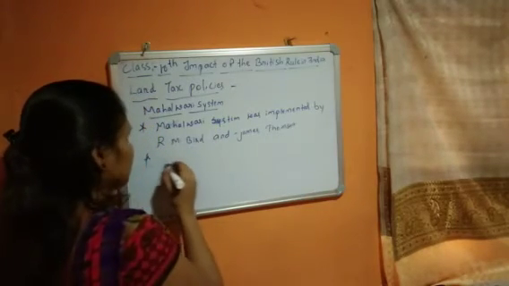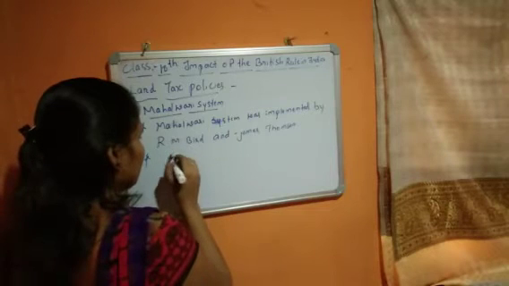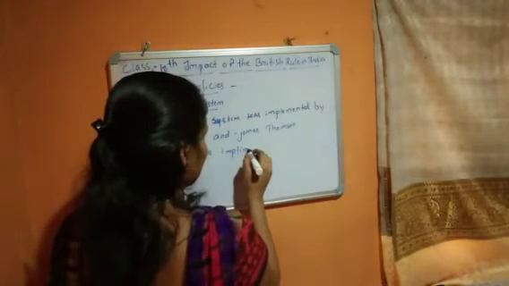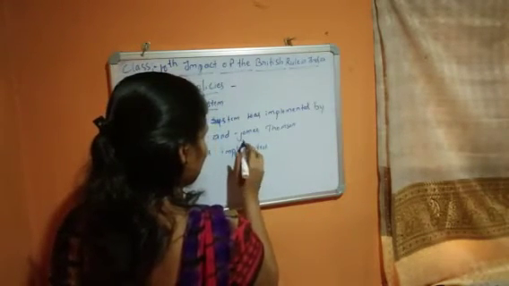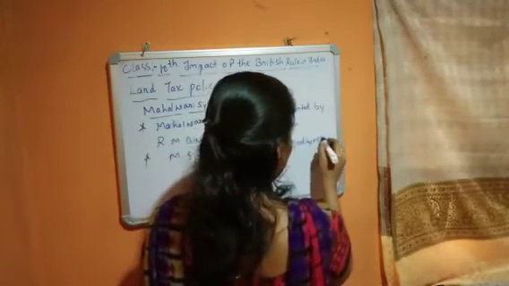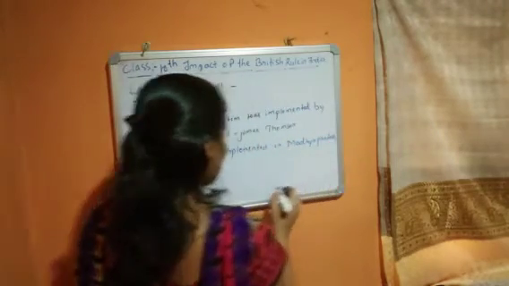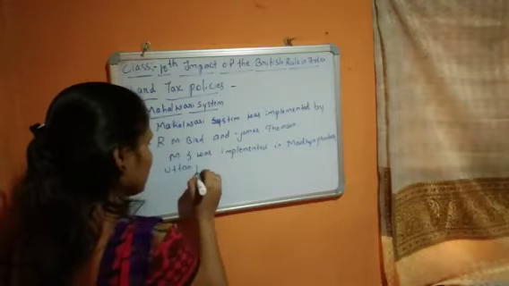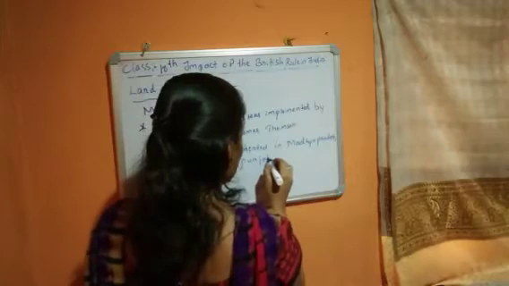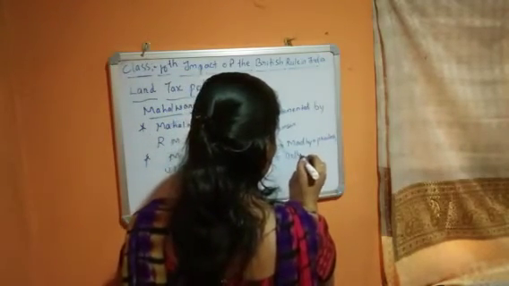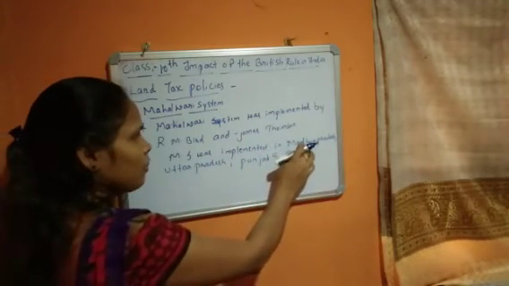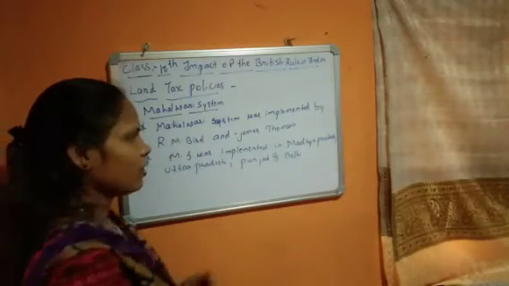This Mahalwari system was implemented in Madhya Pradesh, then Uttar Pradesh, Punjab and Delhi.